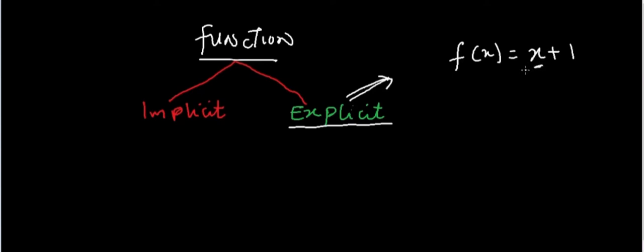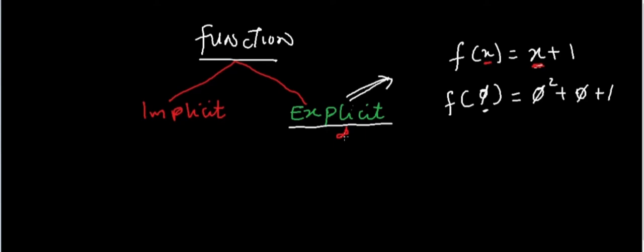Or we have something like f of phi, so we have phi squared. Whatever variable we want to have must not exceed that single variable that we have here. That is what an explicit function is.